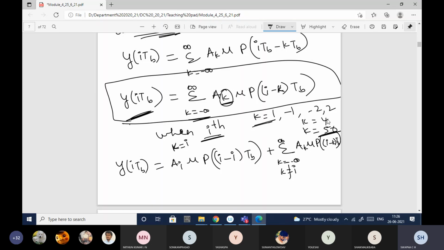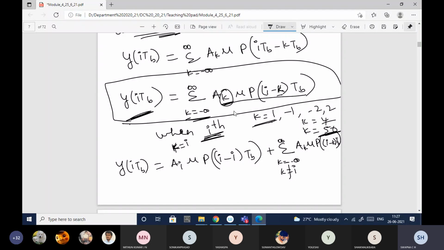But instead of writing k is equal to 1, k is equal to 2, like that, I'm generalizing it as I want the ith bit. When I want the ith bit, I am replacing k in this equation, k is equal to I. So ai mu p of I minus I TB.